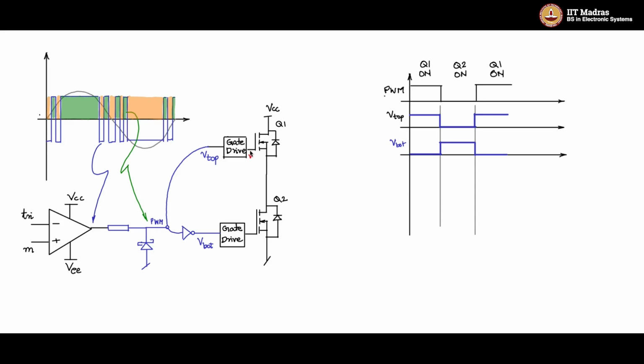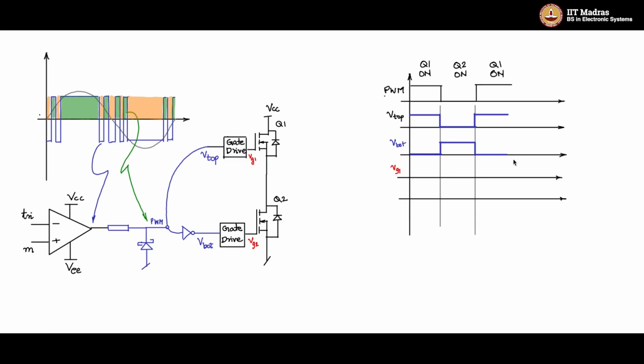Let me call this one VG1, gate 1 signal, and VG2, gate 2 signal. How should gate 1 and gate 2 be? What is the requirement?